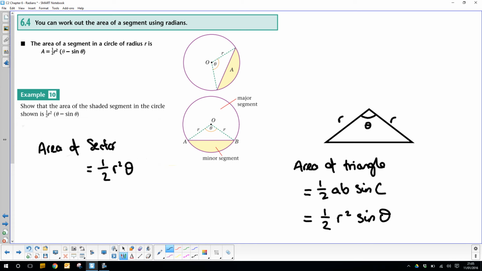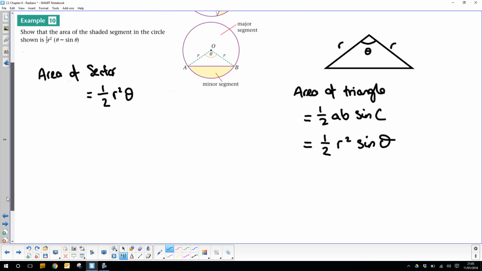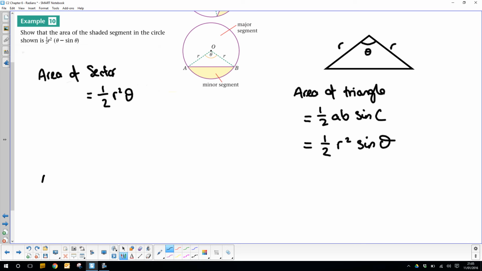Okay, so if we then want to work out the area of the segment, it will be the area of the sector minus the area of the triangle, and we will be there: a half r squared theta minus a half r squared sine theta.